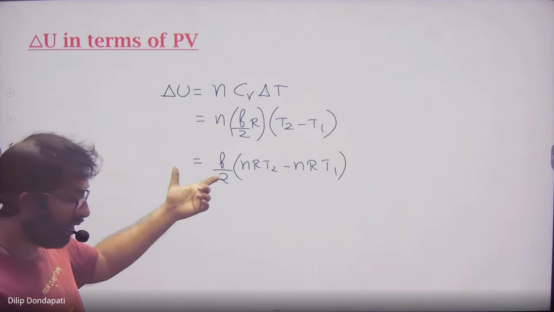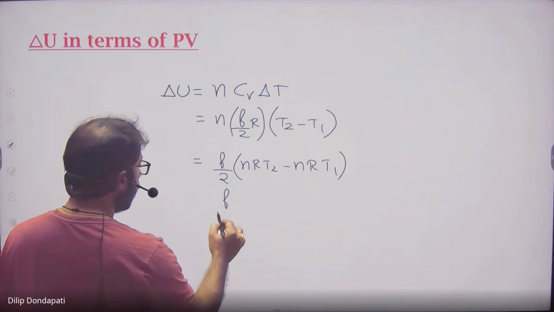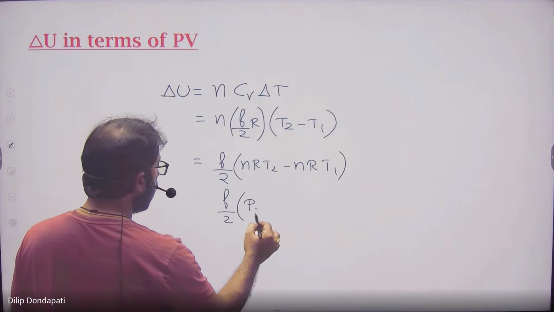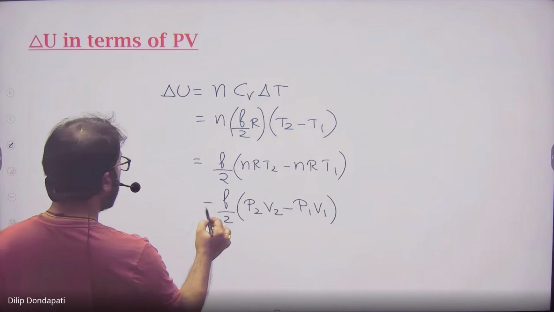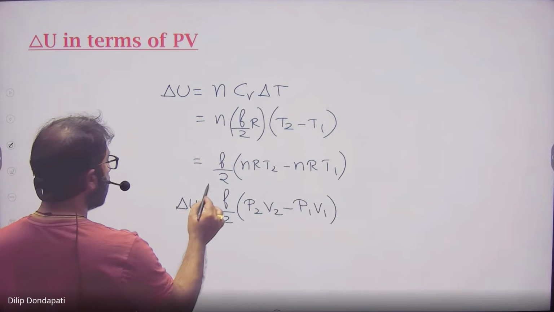Using ideal gas equation PV equal to nRT, right? So F by 2 into P2 V2 minus P1 V1. This is a formula for delta U in terms of pressure and volume.